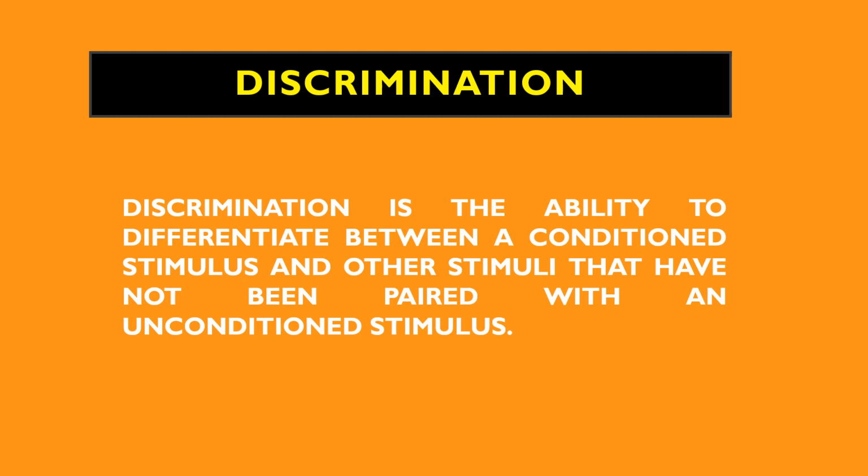So in that study, a particular sound is presented along with food, and the dogs learned to associate that sound with food. Then a similar sound was produced, and at first the dog salivated, but later they learned to discriminate between the original stimulus and the variations or other similar stimuli.